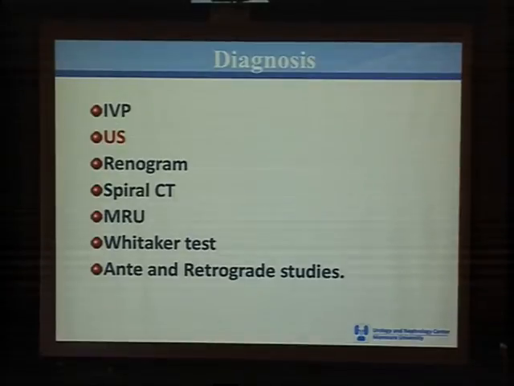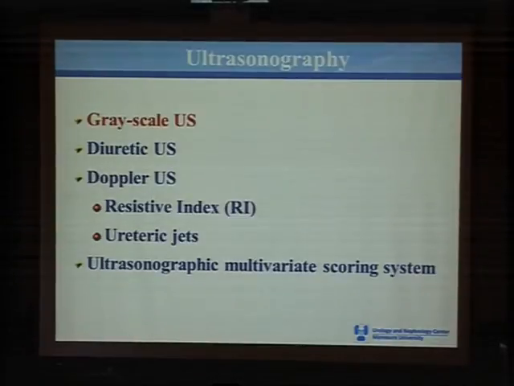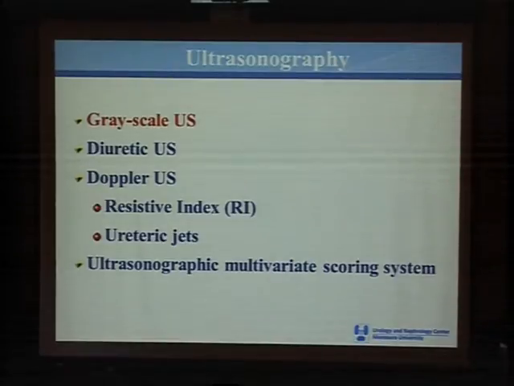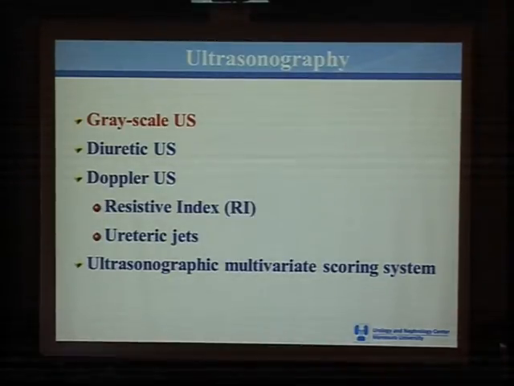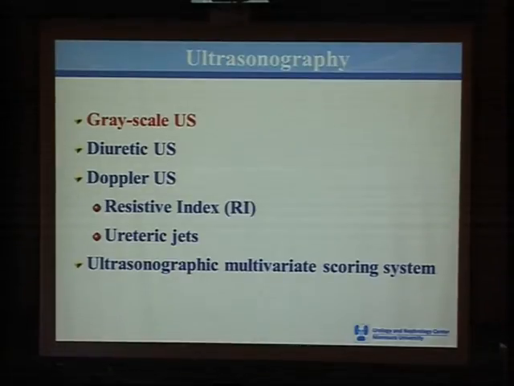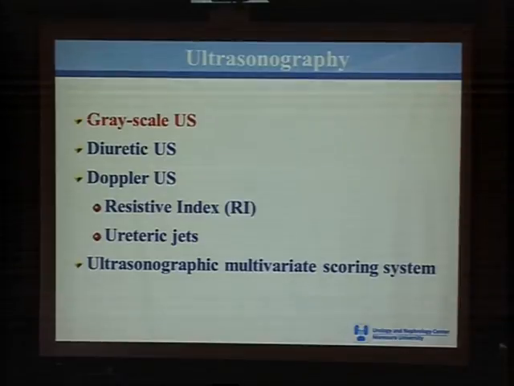We are going to discuss the next item, which is the ultrasound. The ultrasound is very important in the diagnosis of obstructive uropathy, and there are several modalities of ultrasound to diagnose obstructive uropathy. Number one, which is the most common to work with, is the grayscale ultrasound.